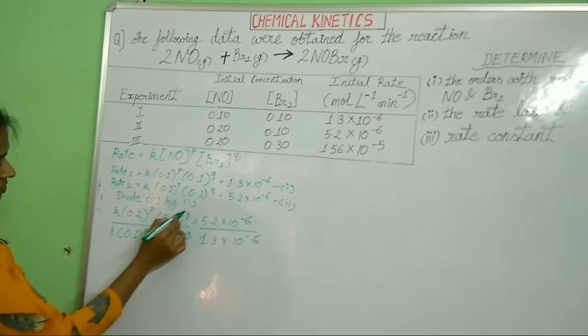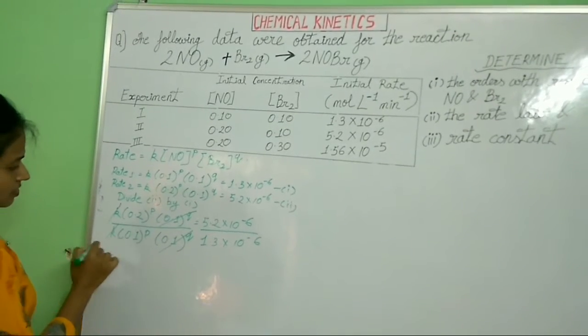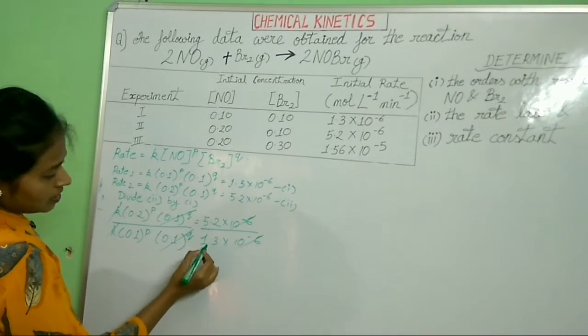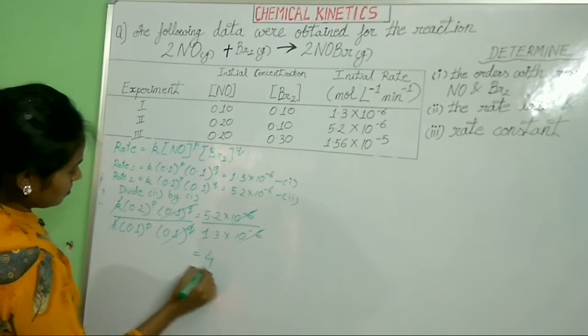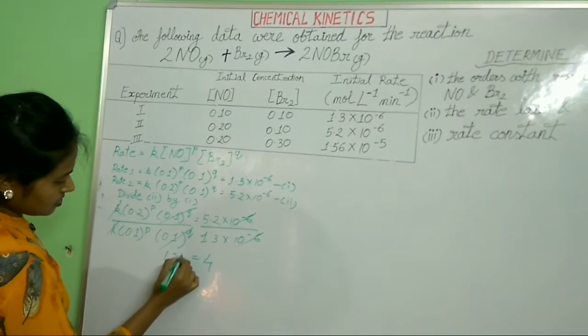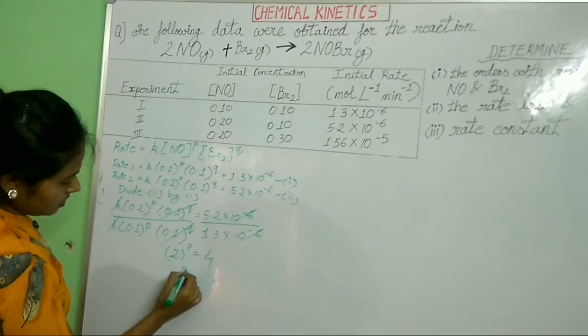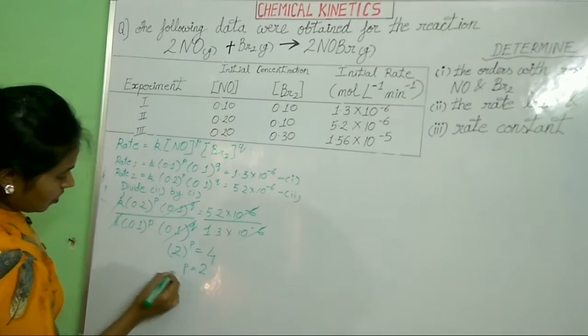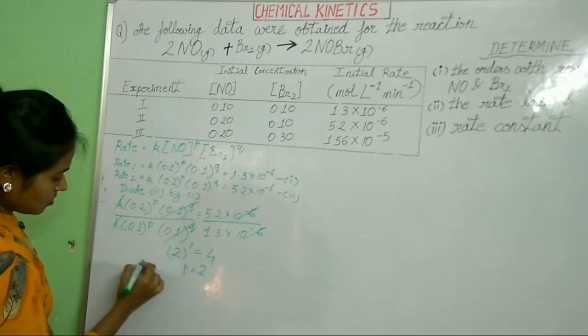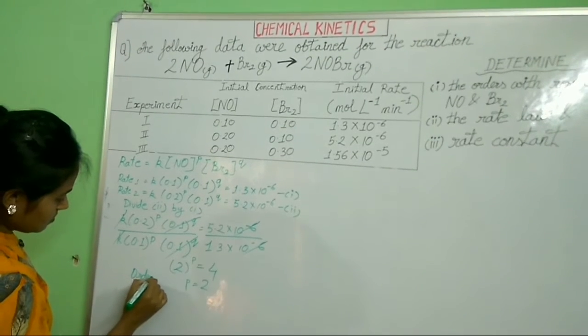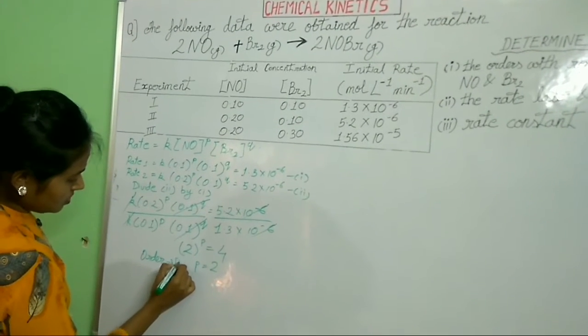So this will get cancelled, this will get cancelled, and here it will get cancelled. 13 4s are 52. So 4 and here it will be 2^P. So P will be 2. So order with respect to NO is 2.